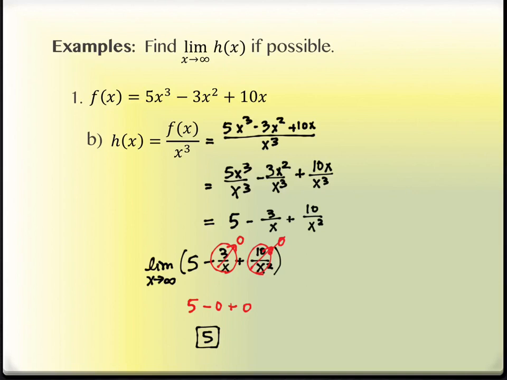So you have 5x to the third, and I'll put it in exactly like it started before I started manipulating. Minus 3x squared plus 10x, and divided by x to the third.